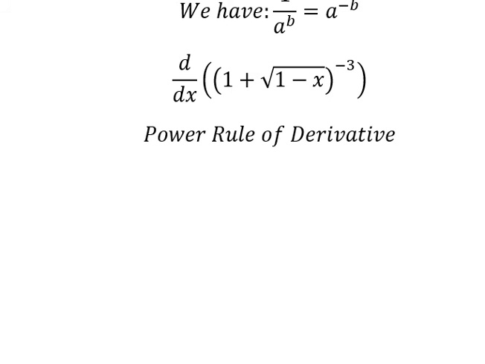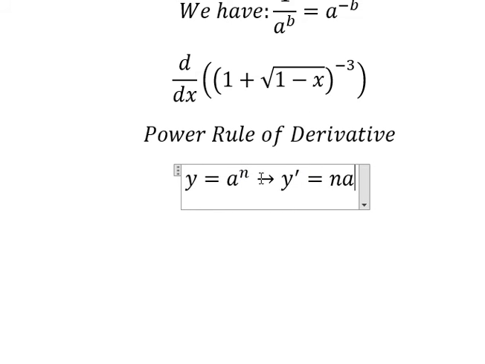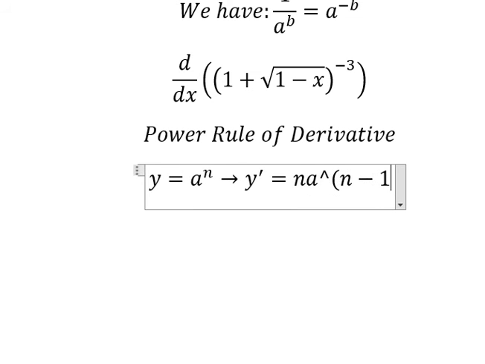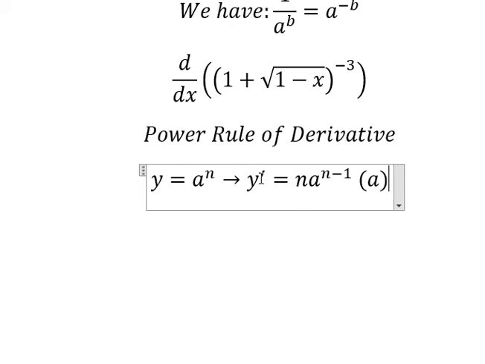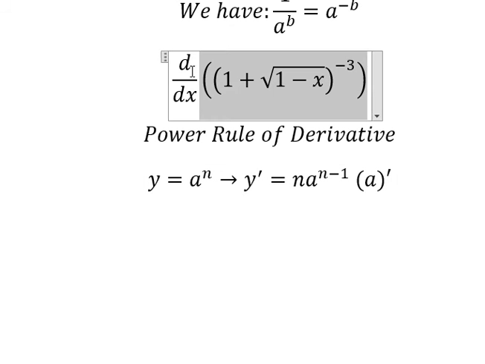So we have y equals a to the power of n. If we do first derivative, we have n a to the power of n minus 1, and we do first derivative of a. So for this one, we have like this.